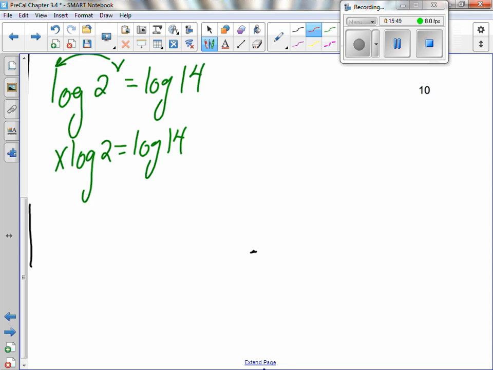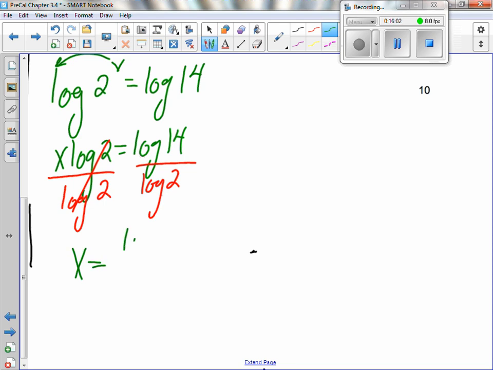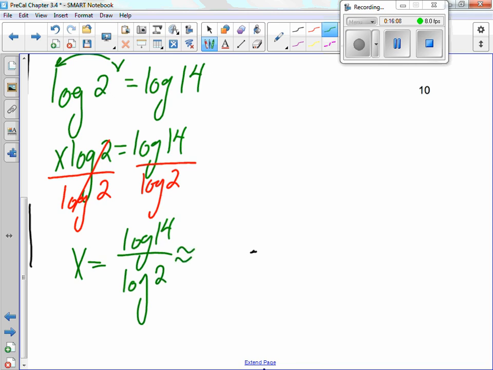Then what can we do? Divide both sides by? Those would cancel, leaving me with x is equal to... and we can type it in.